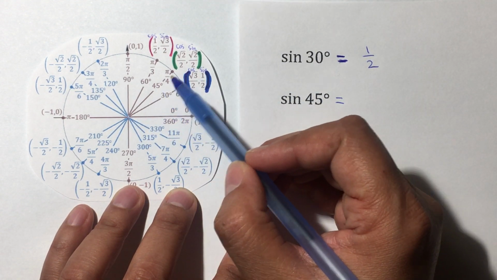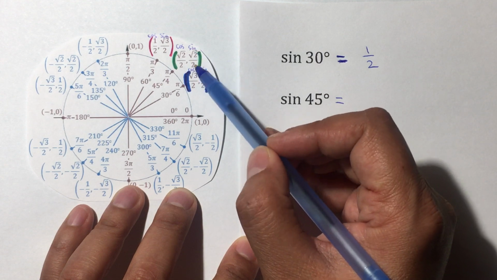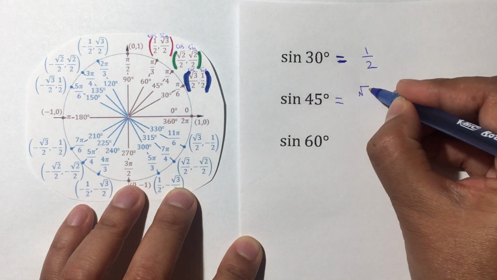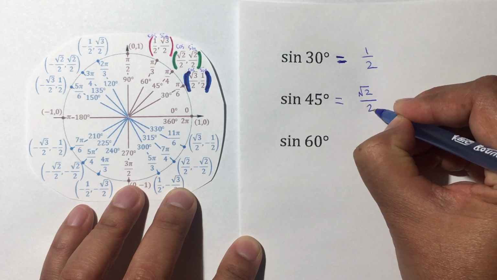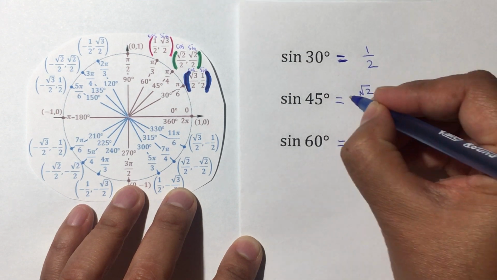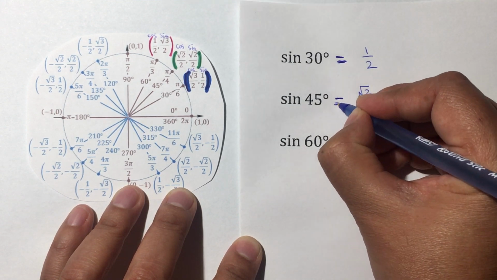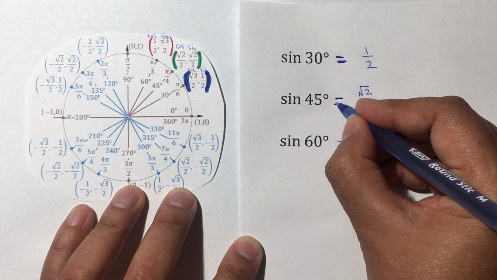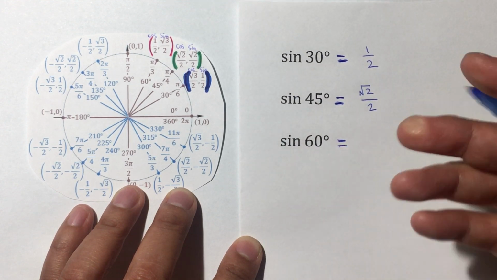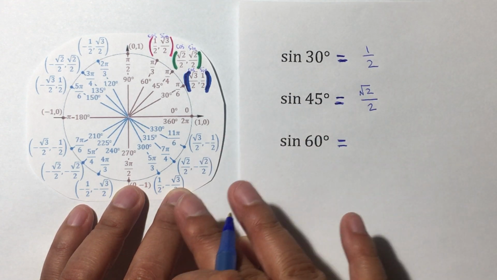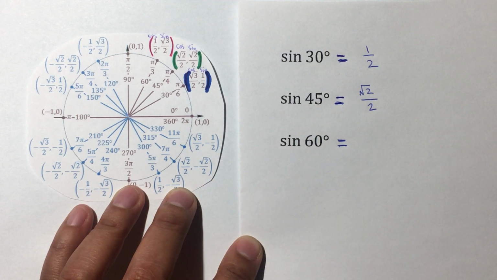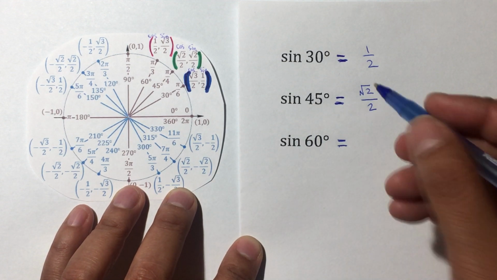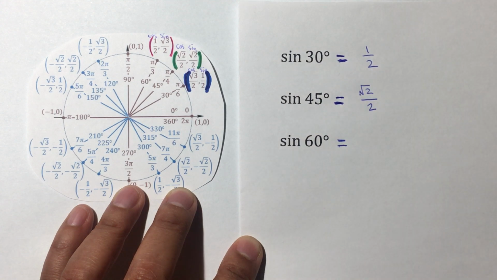Oh, sine is the y value, so it's going to be square root of 2 over 2. And again, I know it's super simple, but it's going to be very handy when you understand how to find these values, because we're going to be learning more complex combinations of trigonometric ratios.